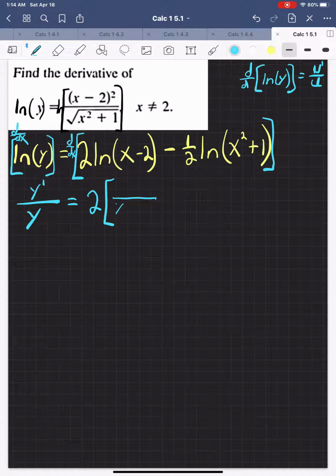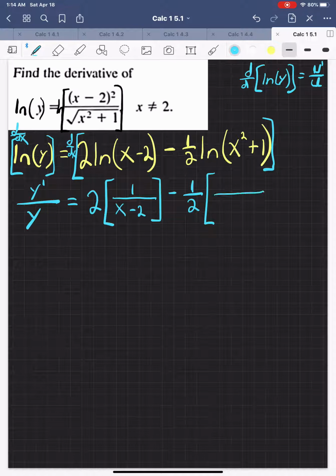So if you let u equal your x minus 2, then what would u prime be? Well, u prime would just be 1, minus 1/2, and then you would have u equal to x squared plus 1, and then of course u prime would just be 2x.